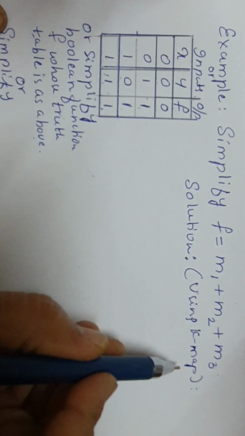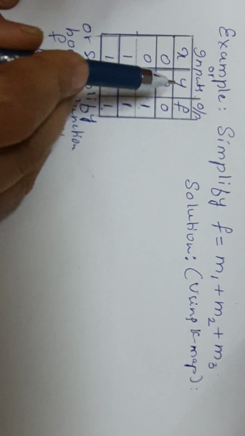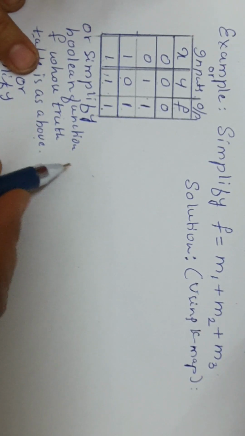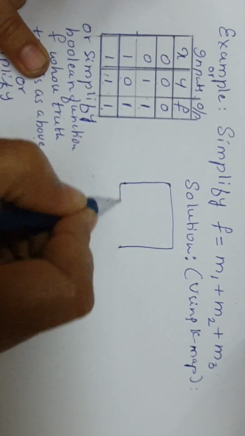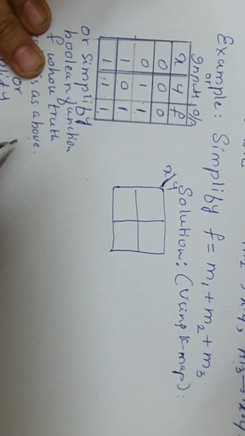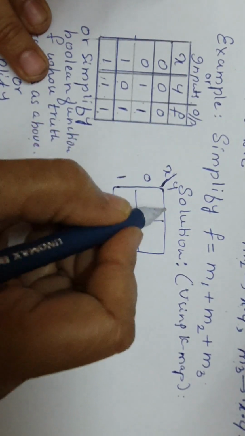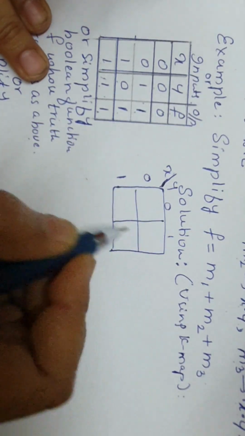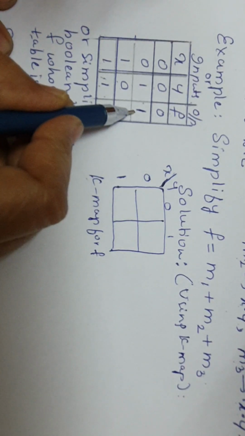Now we shall solve this using k-map. Because two input variables are there, we'll have to draw 4 squares, which we have already learnt just now. So we'll mark the input variables x, y here, right? So x can be 0 or 1, y can be 0 or 1. Where f is true or logic 1, it is true for m1.